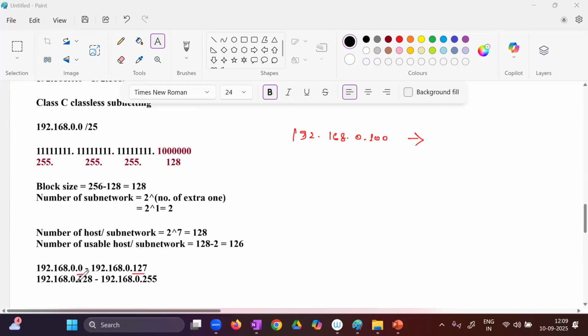If it is coming in between them, this is my network address for this IP. If I give you one IP, 192.168.0.150, what is the network address for this IP? This one, 192.168.0.128, right?